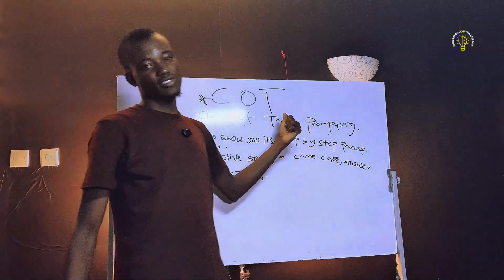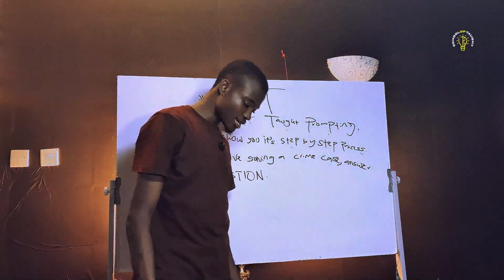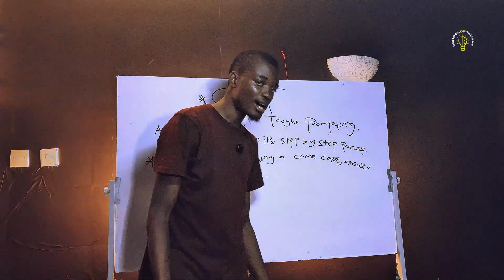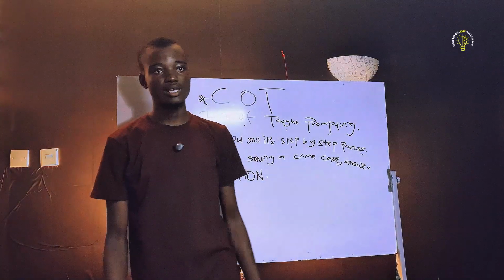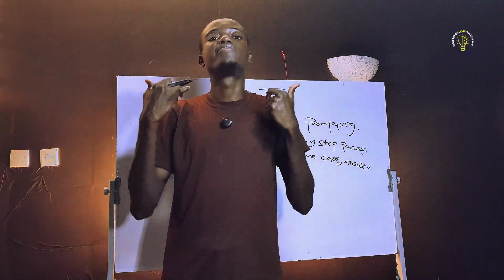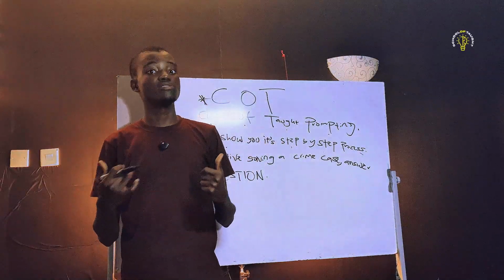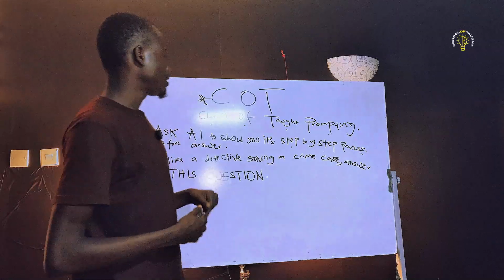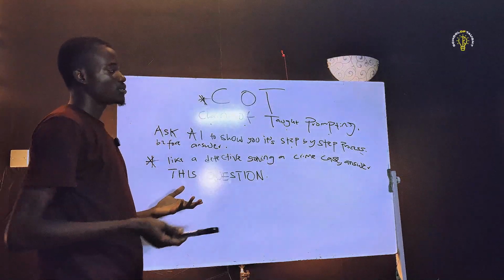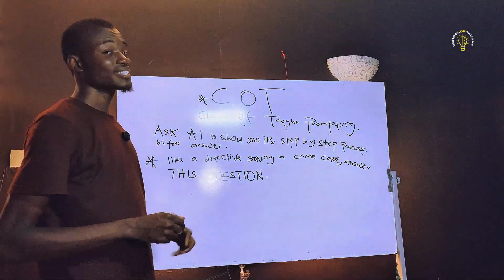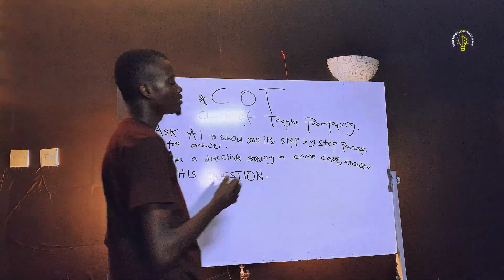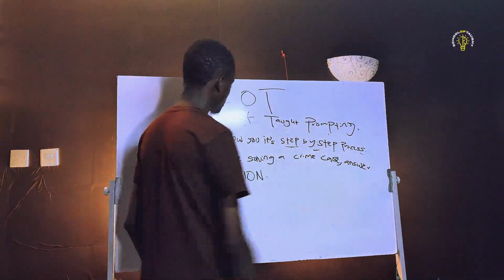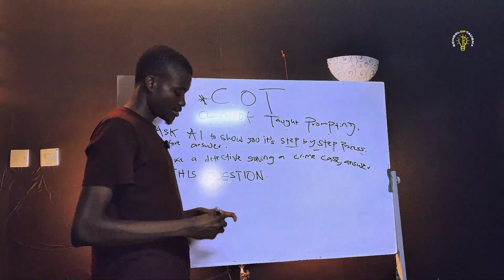This kind of prompting requires you to mandate the AI and force it to give you its chain of thought. So instead of telling it, okay, I want you to do this for me, you ask it to show you its step by step process to arriving at the answer.